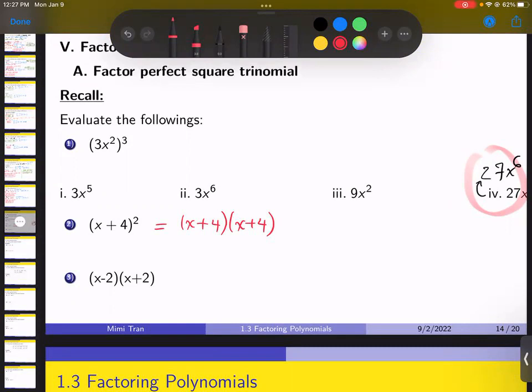The trick for me to remember without FOILing it out is I do this: x squared, which is x squared, and then 4 squared, which is 16. So that's the first and the last term. For the middle term, 2 times x times 4, which is 8x. That's how I remember it. So I don't have to FOIL it out, so x squared plus 8x plus 16.